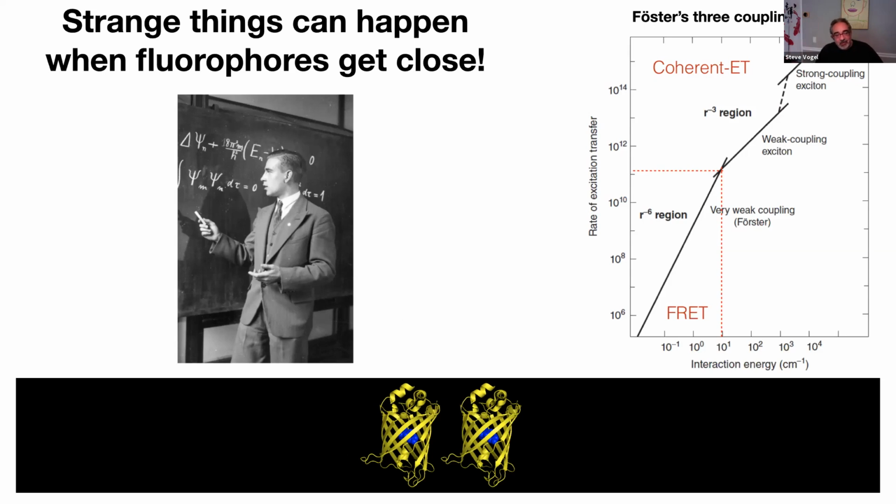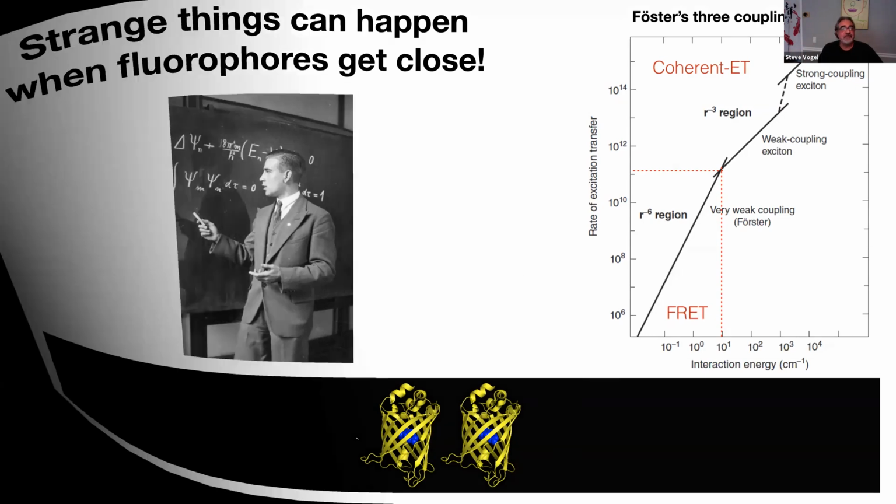We excited this one, but this one gives it off, right? And the reason why that works in FRET is because we excite this one, but then because of this FRET reaction, this molecule can give the energy to this molecule. It goes back to its ground state. This one gets elevated, and now this one gives off the photon. That is the FRET phenomenon, right? And that's what we're talking about here today.